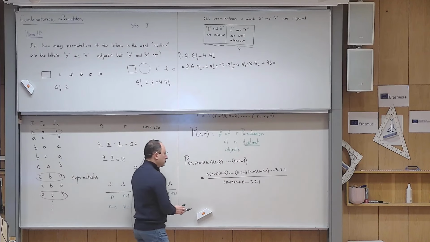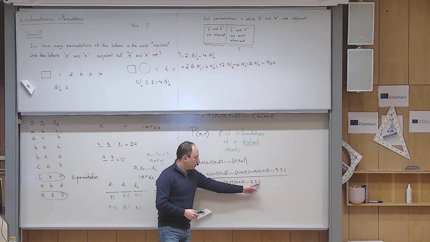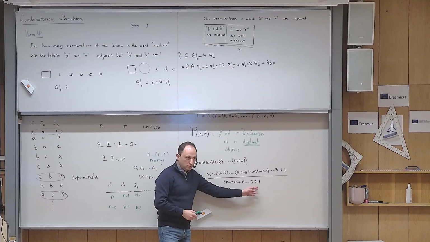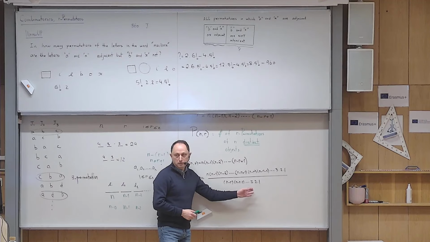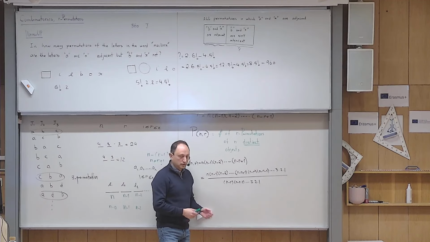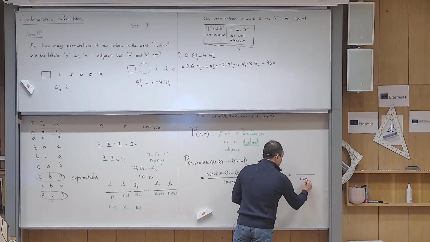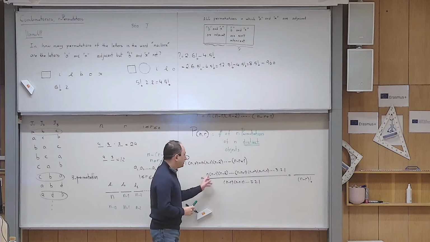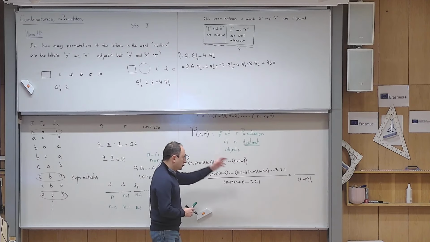If I ask you, what do you see in the denominator? You see the product of all natural numbers starting from 1 but going up to n minus r. So what's the meaning? n minus r factorial. Now if I ask you, what do you see in this long list in the numerator? n factorial.